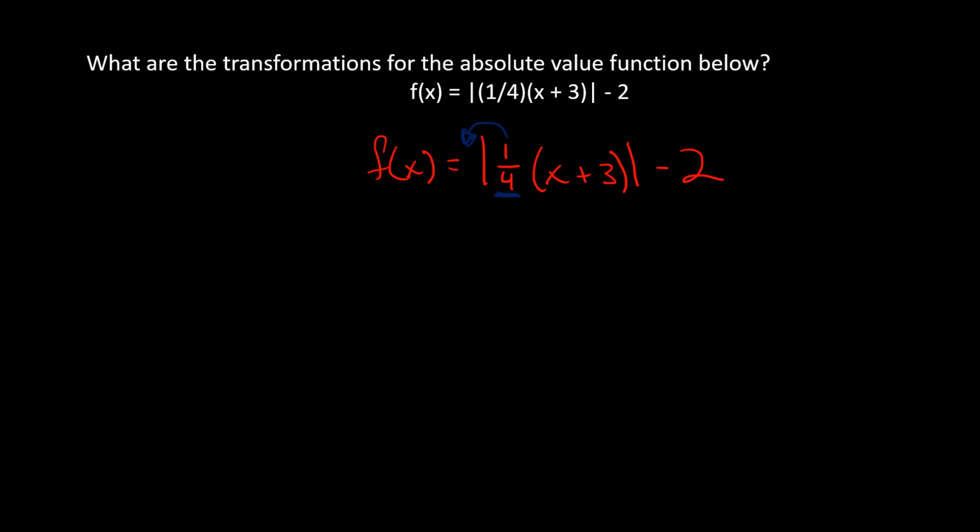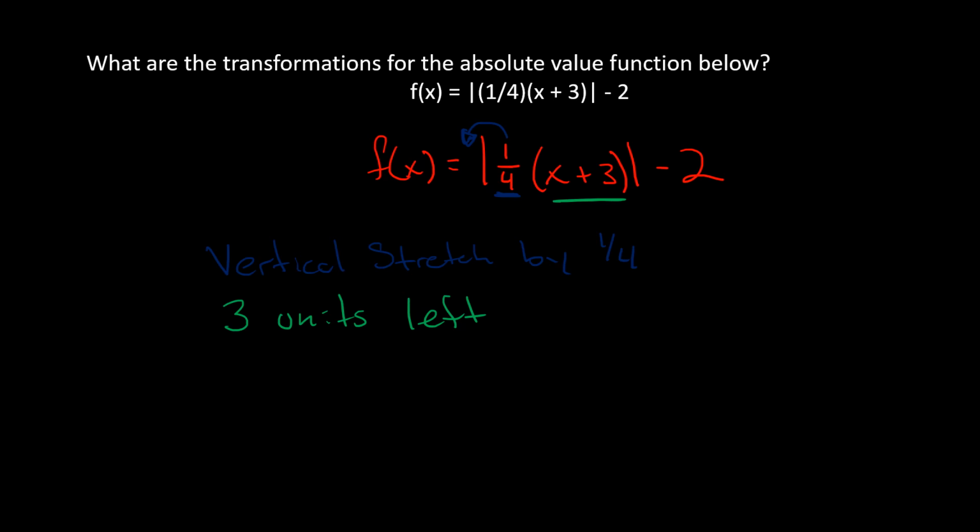So because of that, we'd have a vertical stretch by 1/4. This part in here, we have x plus 3, so we'd go 3 units left. Okay, remember we do the opposite, right?